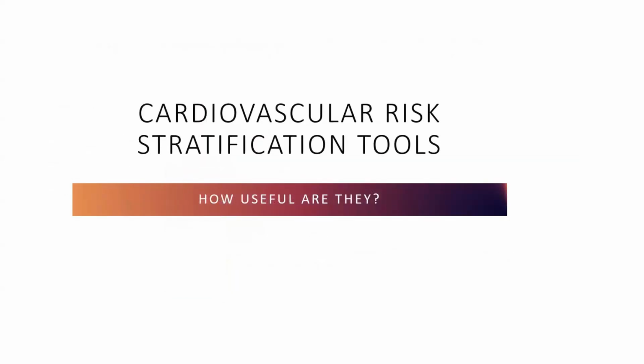Now the good part, and this is rather interesting. We have a lot of cardiovascular risk tools, and the guidelines actually recommend, and it's the first recommendation in the guideline, that we use these risk tools to assess our patients.